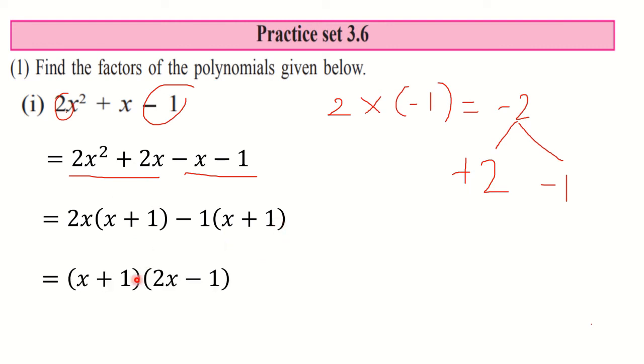So write that as the first bracket and the remaining things you will write in the second bracket. Okay, so 2x from here and minus 1 from here. In this way we have factorized it. Okay, so write it down. If you want, you can write this on the right hand side as I have written. Okay, so to understand better, you can write how the middle term is split.